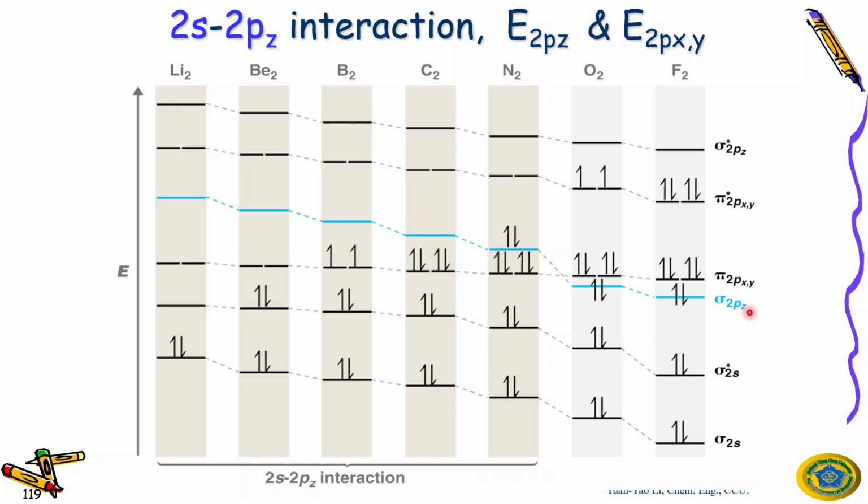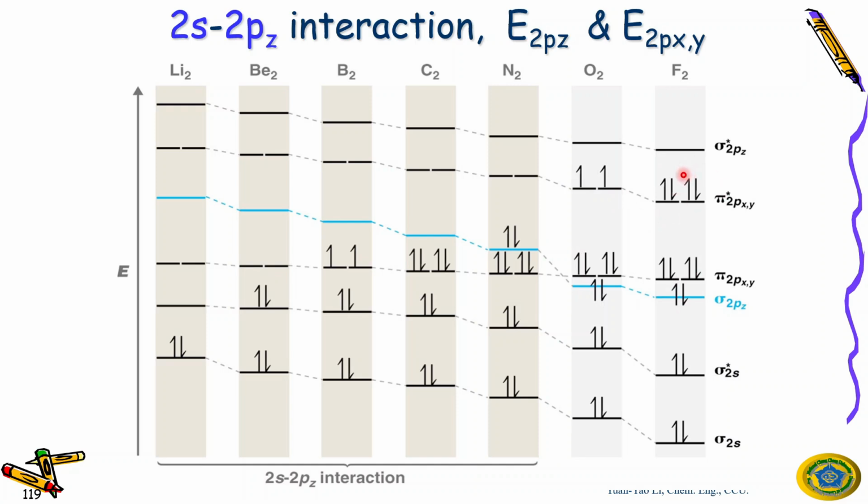This is 2pz, this is sigma 2s interaction. So you will see that this energy level needs to be reversed. However, for lithium, beryllium, boron, carbon, and nitrogen, it was pushed up. And going to oxygen, it will be dropped because of the electrons. So this energy level will be dropped like this, and this energy level will drop because of the electrons.